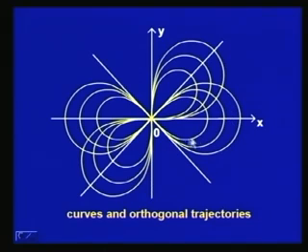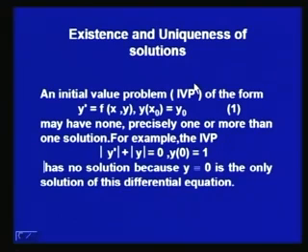They are a family of lemniscates, and their orthogonal trajectories are these curves given by r square equal to c square sin 2 theta. You can see that at each point of intersection, every member of one family cuts every member of the other family at right angles. So, they are orthogonal trajectories of each other.